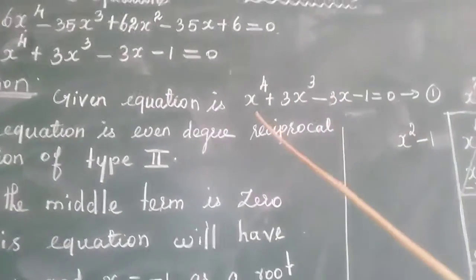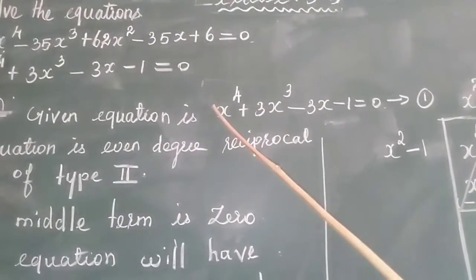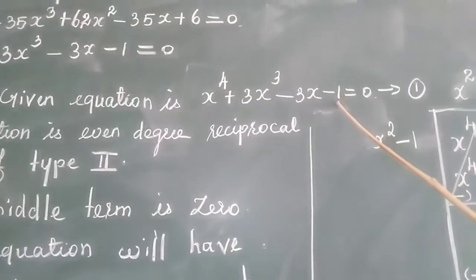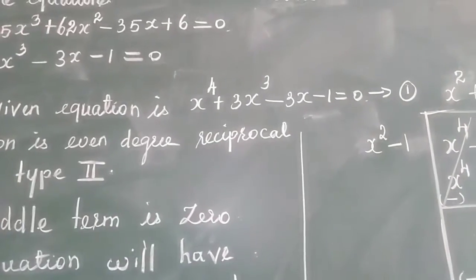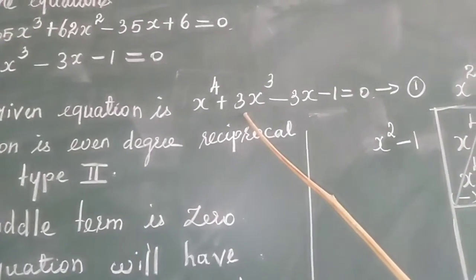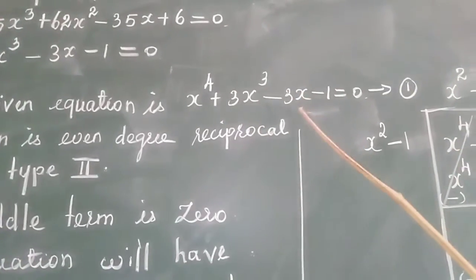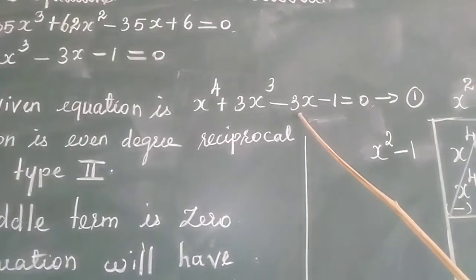Now we can check whether it is a reciprocal equation. Here the leading coefficient is 1, the constant term is minus 1. Next, the second term coefficient is 3 and the second last term coefficient is minus 3.